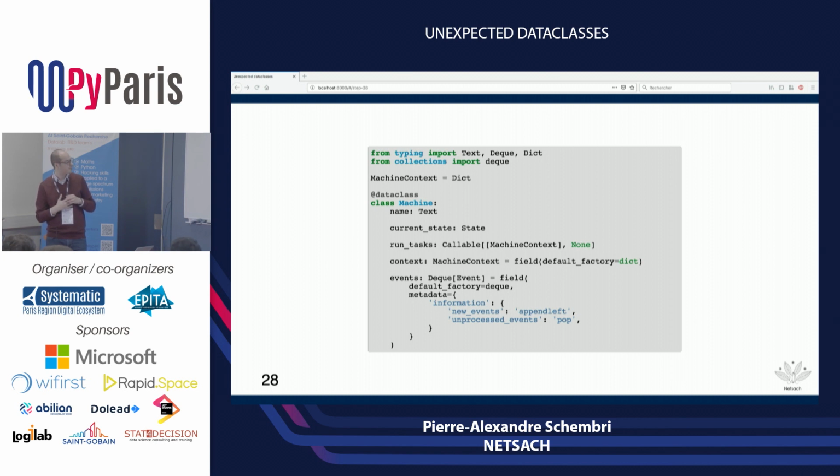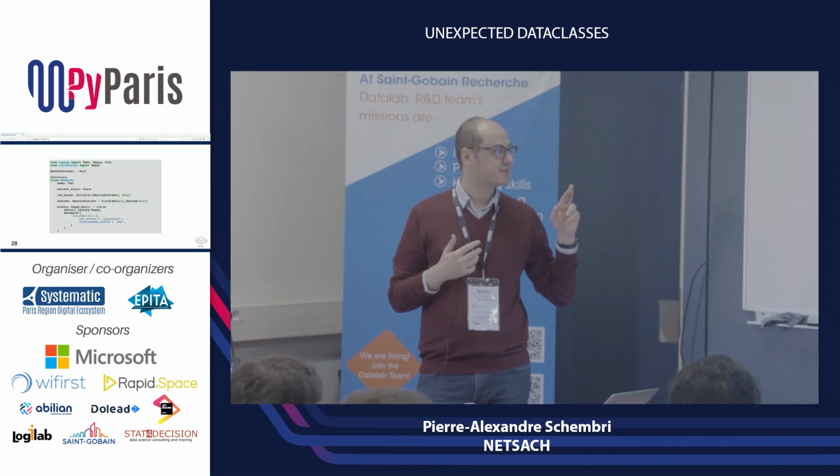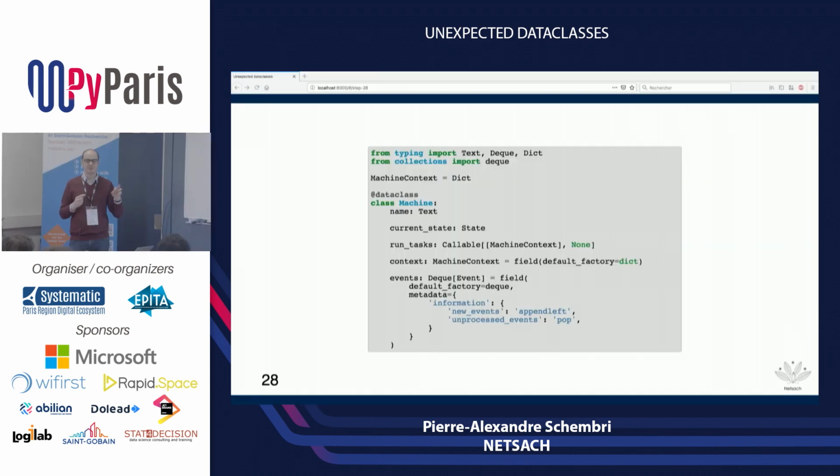Finally, the events. Basically we want to push events onto the machine to make some kind of movement, to be able to go through states. And we'll use the deque type. The deque type is a queue, a double-ended queue.